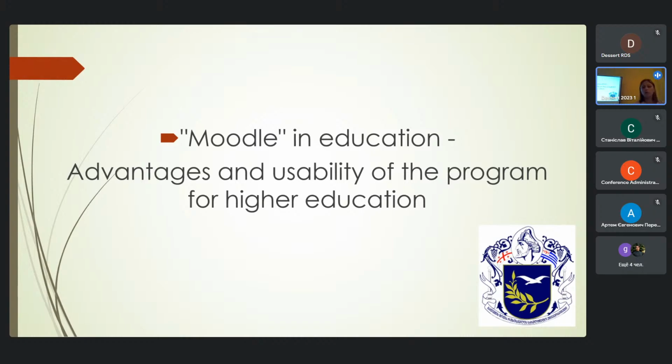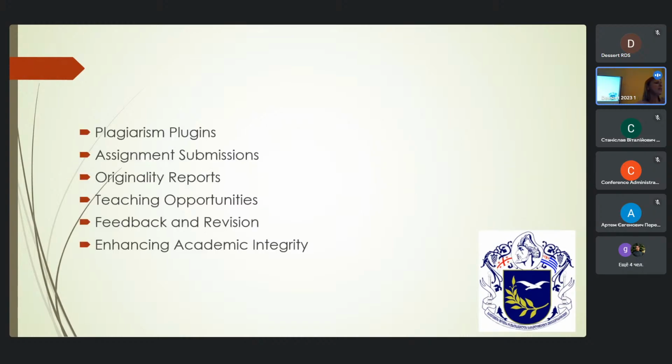Why Moodle? Because it can be used in conjunction with plagiarism detection tools like plagiarism plugins, assignment submission, originality reports, teaching opportunities, feedback and revision, enhancing academic integrity.